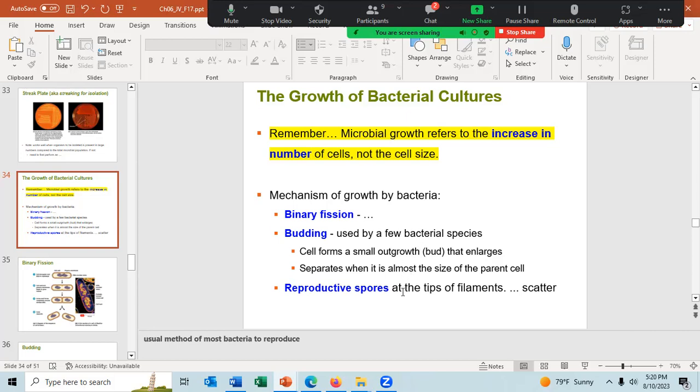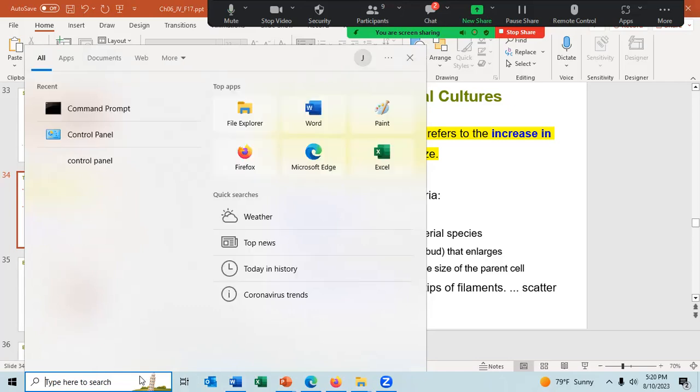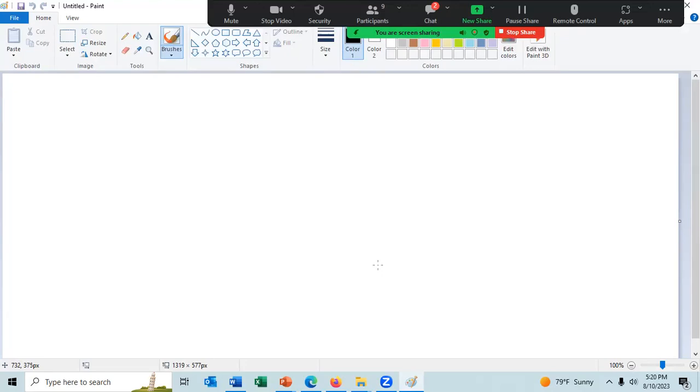And then there are just a few species that reproduce by reproductive spores. You should know that a reproductive spore differs from an endospore. A reproductive spore is reproduction because one parent cell will make this big cell here. On the end of the cell form some reproductive spores, which are smaller.